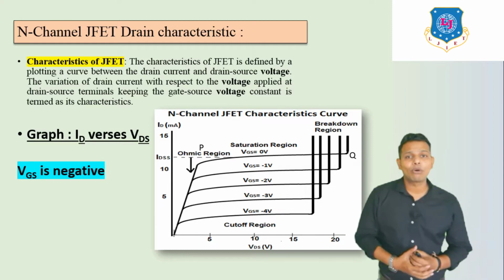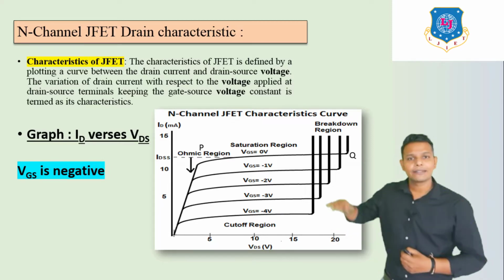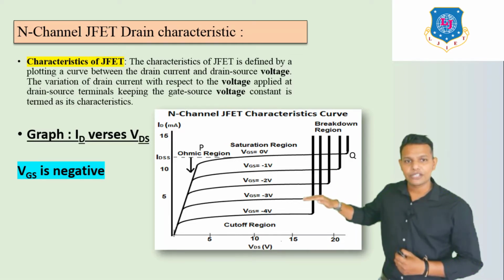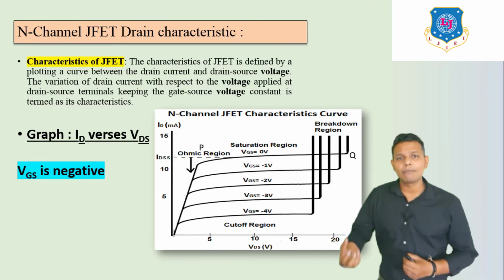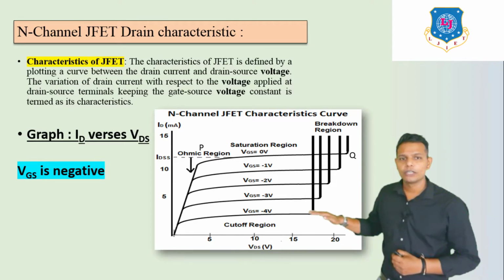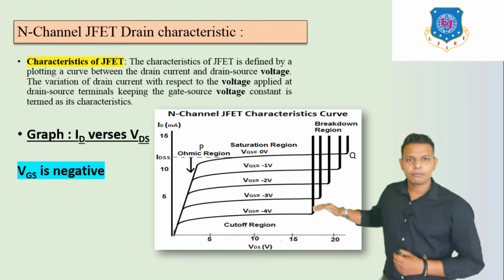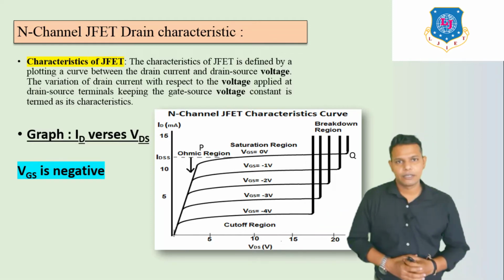If we apply more negative voltage like VGS equal to -2 volt, it also decreases. Then VGS equal to -3 volt, it reaches this point. And if we apply VGS equal to -4 volt, the drain current flow is reduced further.